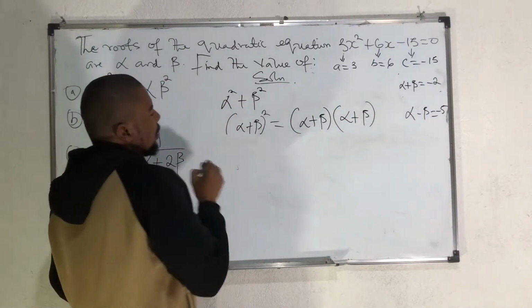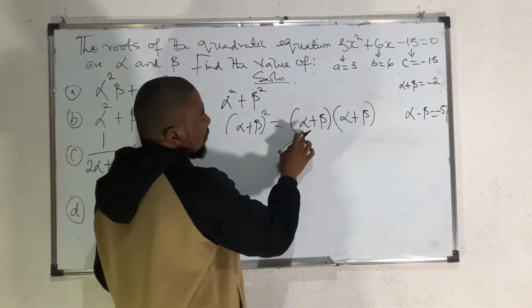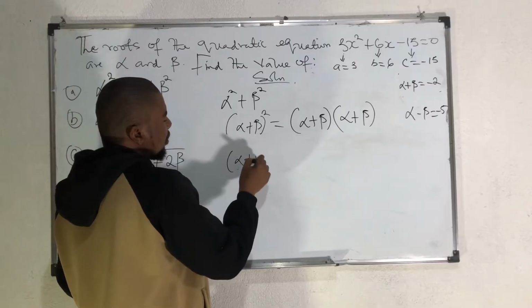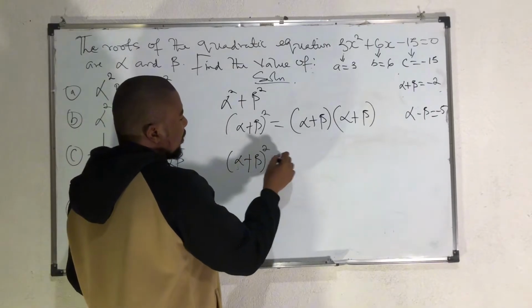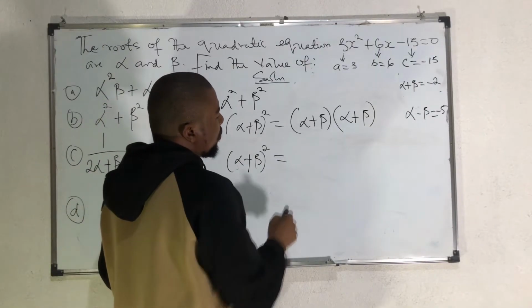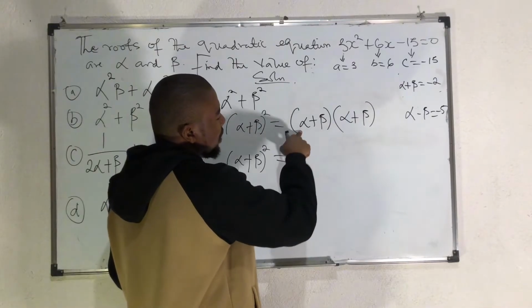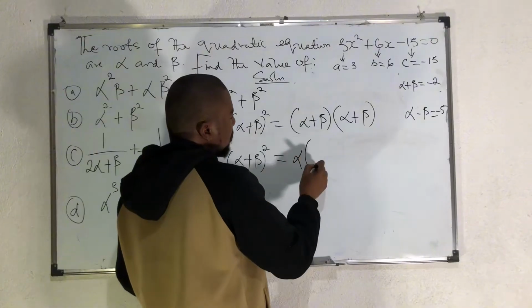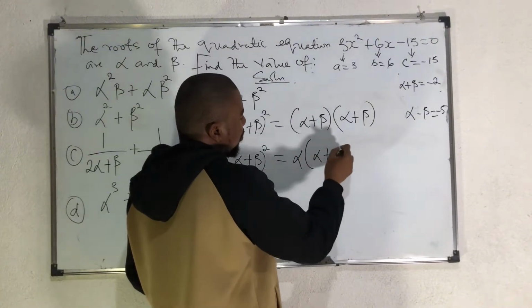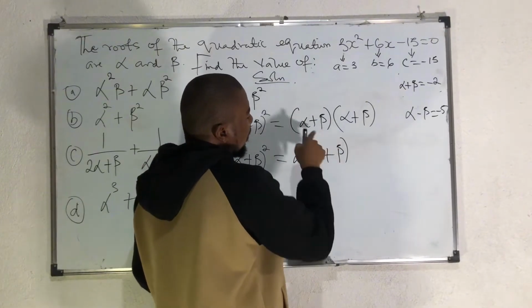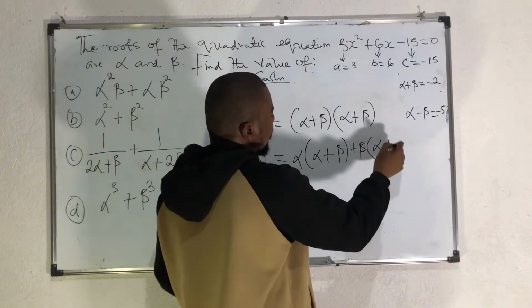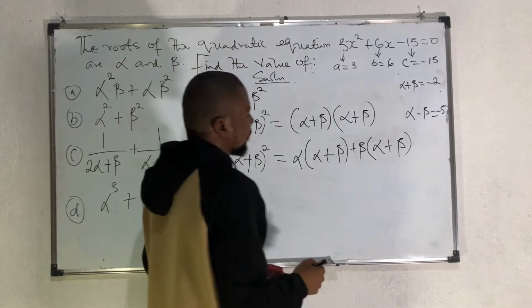Let's do that. We shall use everything on the left to multiply all we have on the right. Therefore, we say alpha plus beta all squared is equal to, let's multiply. We use the first term in the first bracket to multiply everything on the right. We have alpha multiplied by alpha plus beta, and the next one is plus beta multiplied by alpha plus beta.